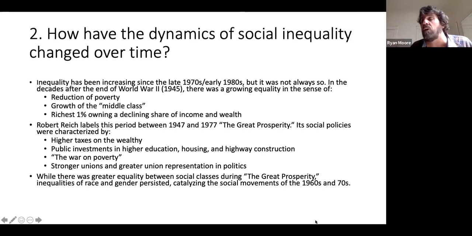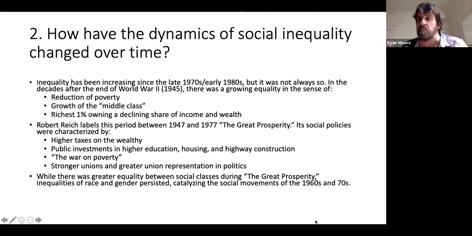It discriminated against certain job occupations that were disproportionately staffed by people of color. And it discriminated against communities, against neighborhoods that were disproportionately populated by people of color.